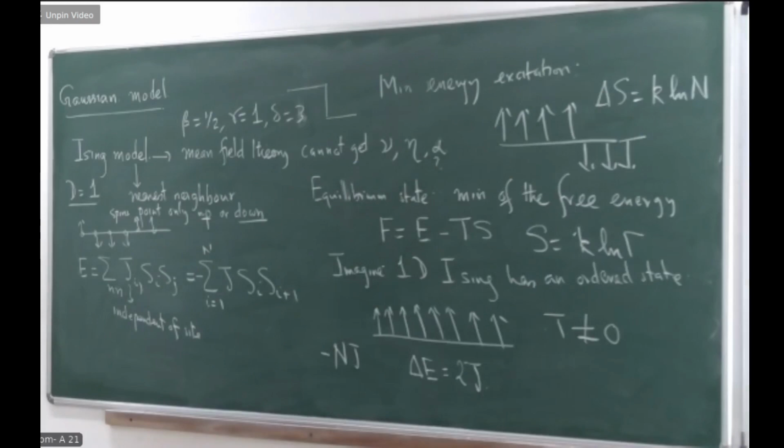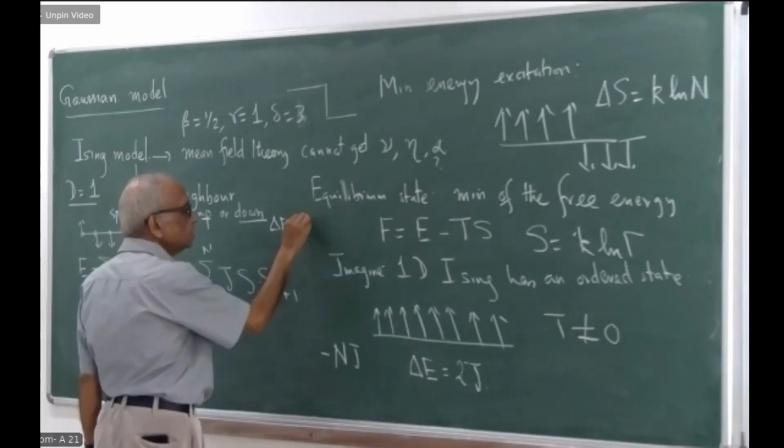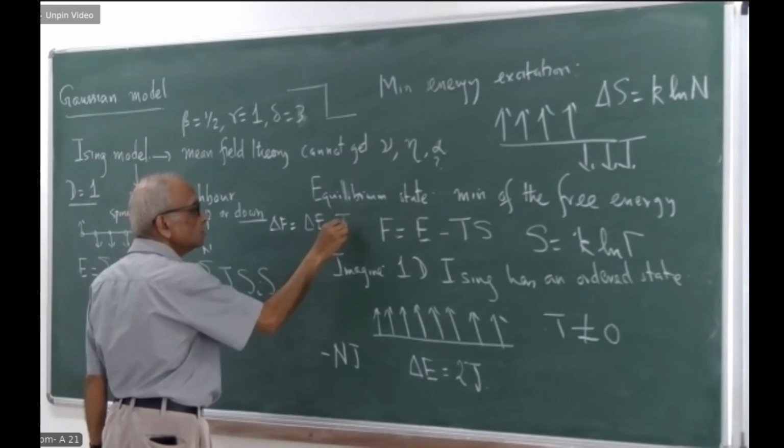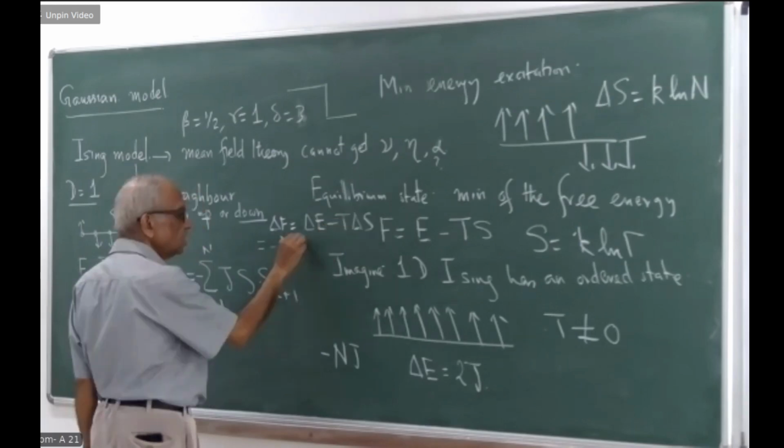So delta F is equal to delta E minus T delta S, which is equal to minus Nj plus, sorry, minus, what is this Nj? 2J.